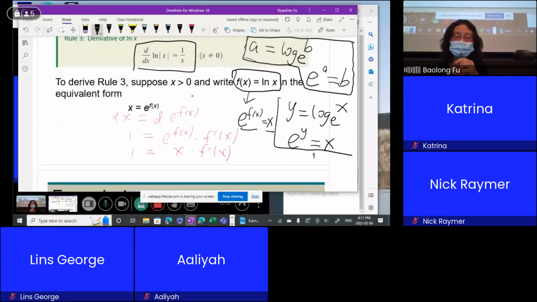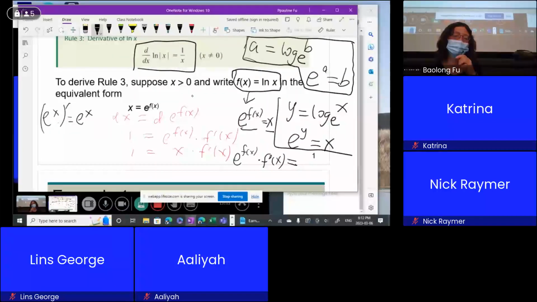Left-hand side: remember the derivative of e^x is e^x, but here it's not e^x, it's e^f(x). So you have to use the chain rule: e^f(x) times the derivative of f(x). Right-hand side: the derivative of x equals 1.